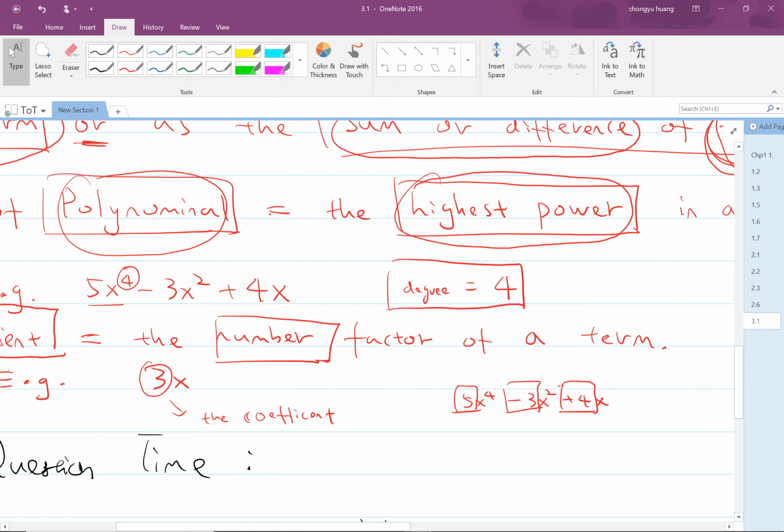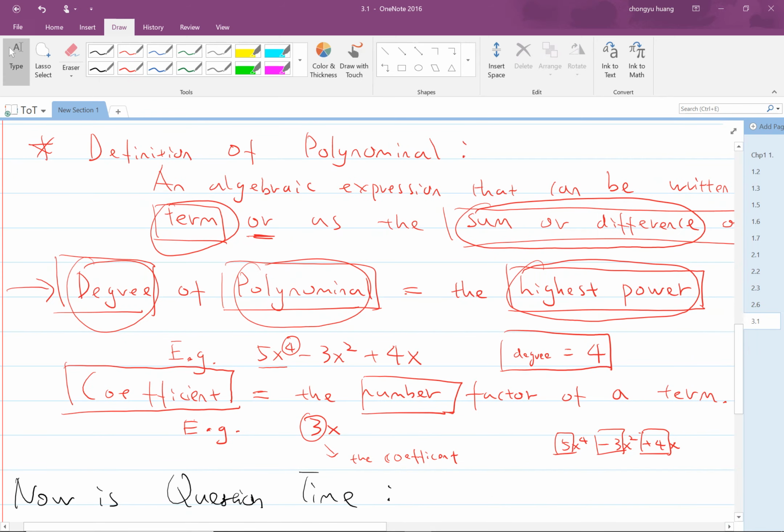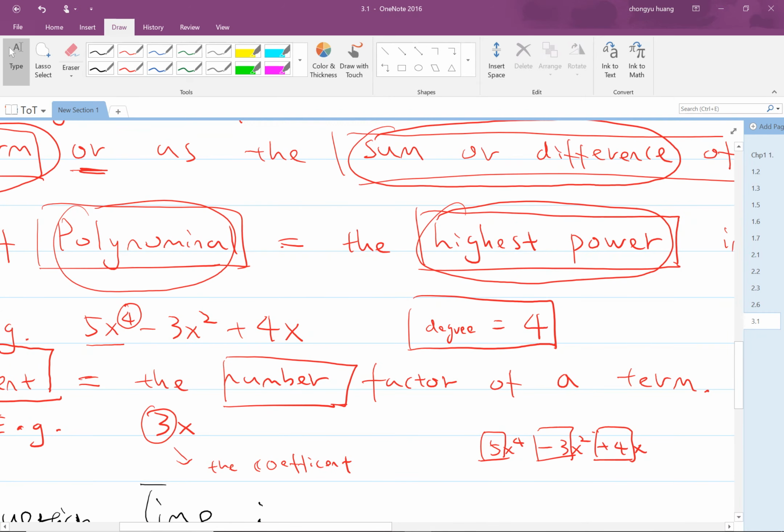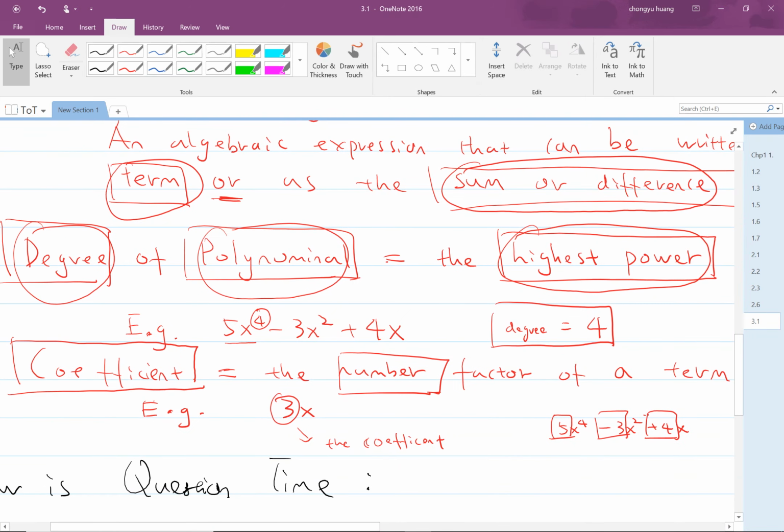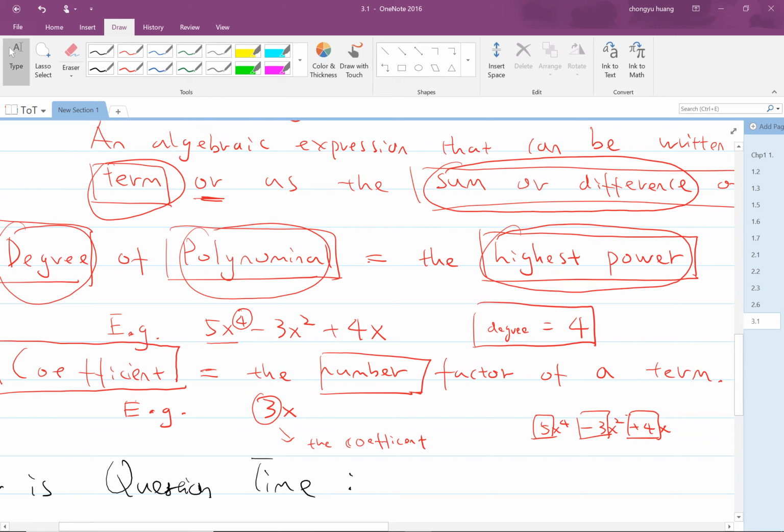So remember, the coefficient is just the number before the variable.